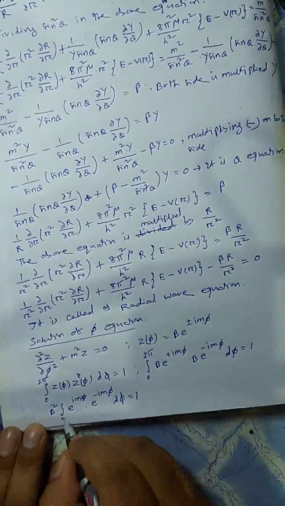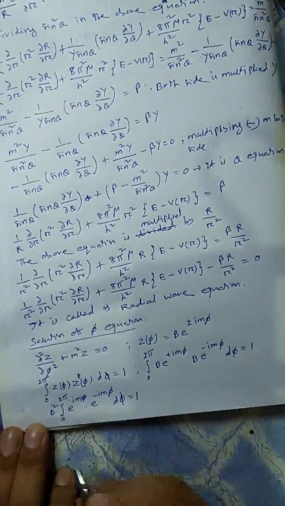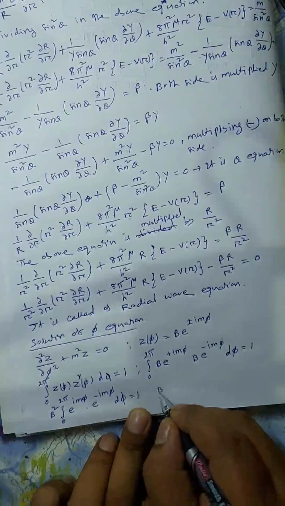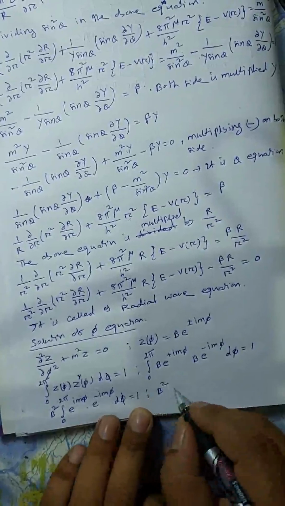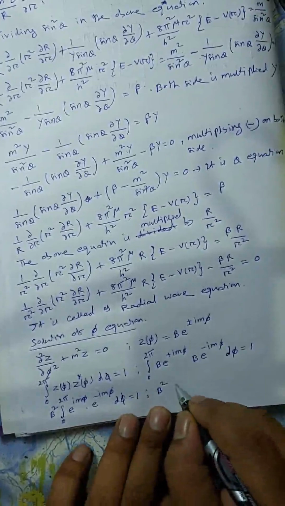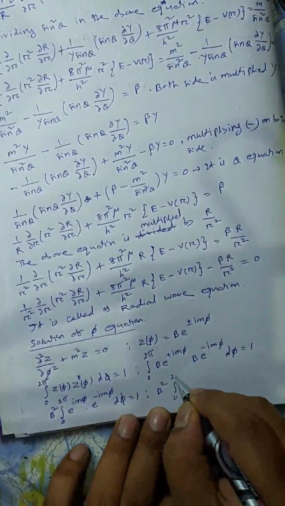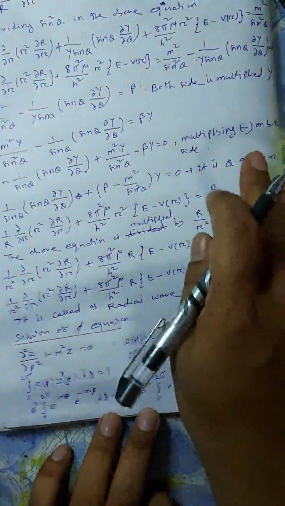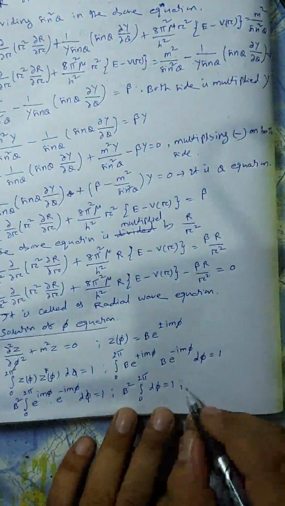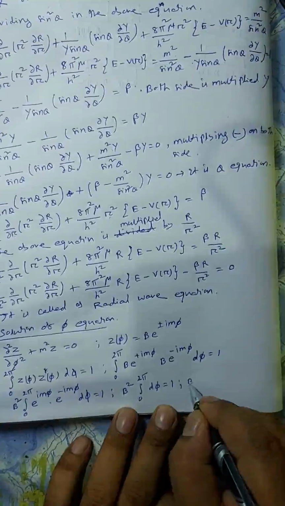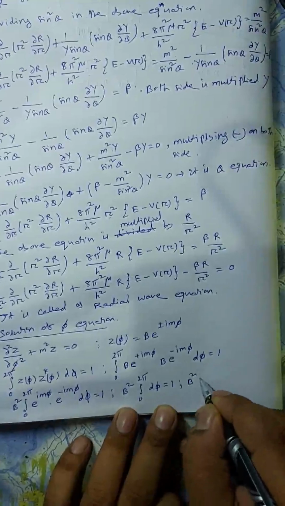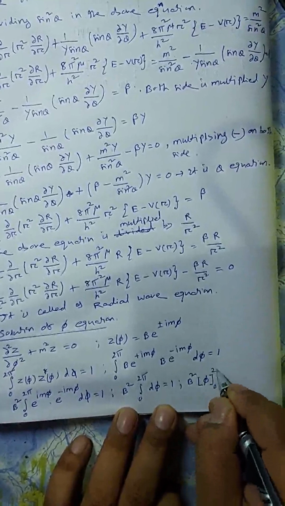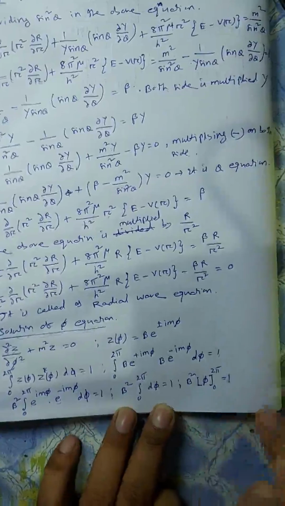All are 0 to 2 pi, so it becomes 1. So what we get? Now B square integration 0 to 2 pi d phi is equal to 1. So the integration of d phi is equal to phi. B square, phi from 0 to 2 pi is equal to 1.